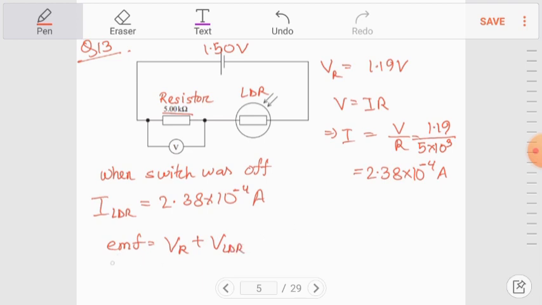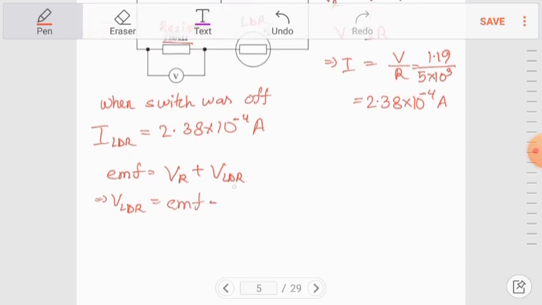If you make V of the LDR the subject, that would be EMF minus the voltage of the resistor, EMF minus VR. The value for EMF was 1.5 minus 1.19. This was the voltage of the resistor, and if you subtract it, you get a value of 0.31 volt. So this is the voltage of the LDR, 0.31 volt.